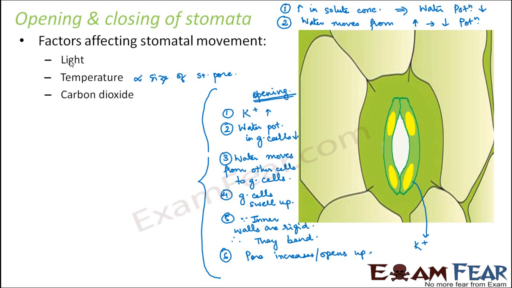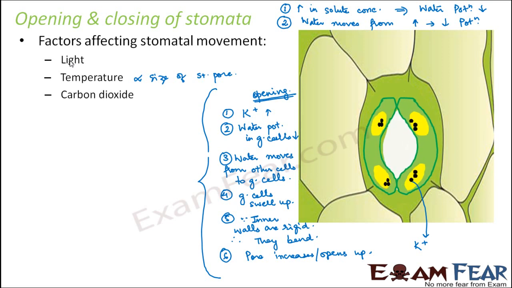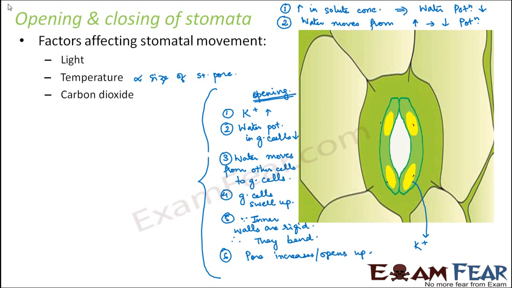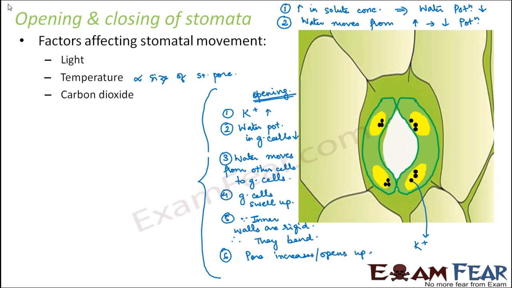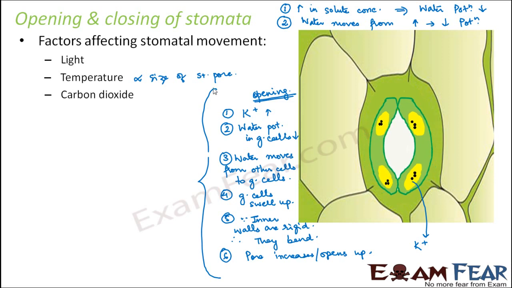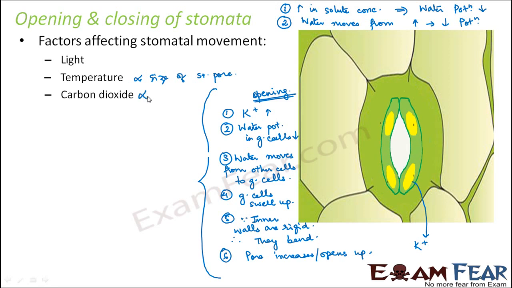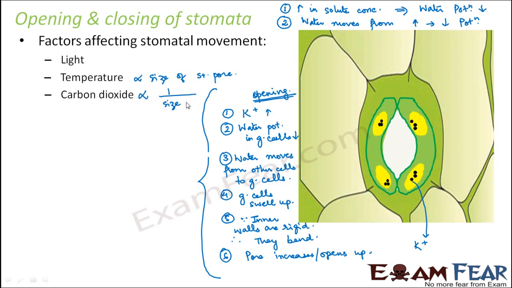The third factor is carbon dioxide. The concentration of carbon dioxide also affects the size of the stomatal pore. So here the carbon dioxide concentration is inversely proportional to the size of the stomatal pore.